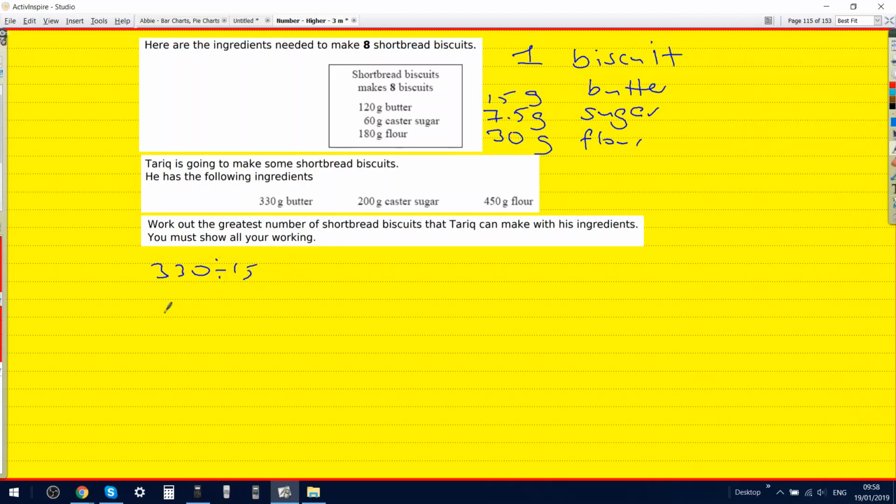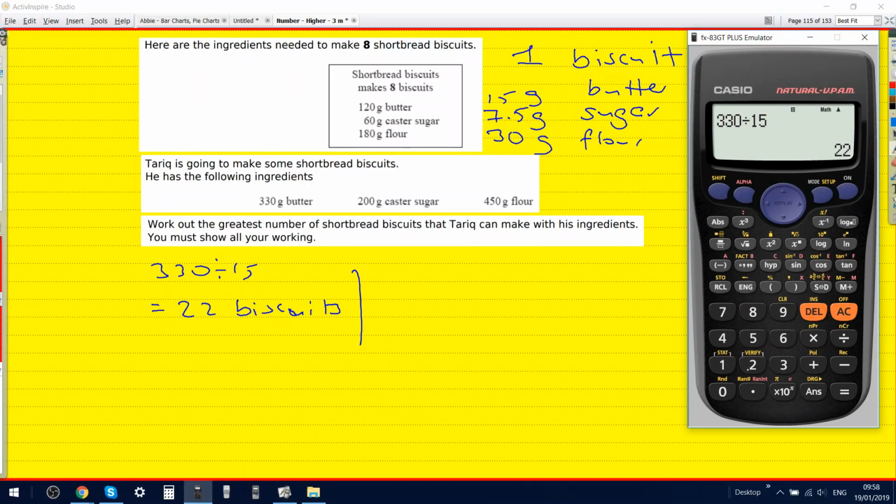And then 200 divided by 7.5. So that's 26.6 recurring. So what would you do about that? Just make it like 26 probably.